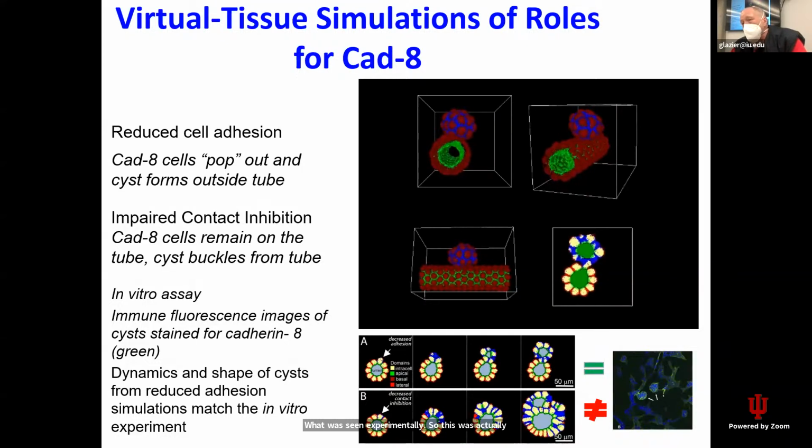At the bottom, you see actually experiments in human kidney 1 cell line that Bob did, where he took normal human kidney cells. They produce normal tubes. You transfect a small number of those cells with the wrong cadherin, the wrong cell adhesion molecule, and that induces the formation of cysts, which corresponds exactly to what we saw in the simulation.